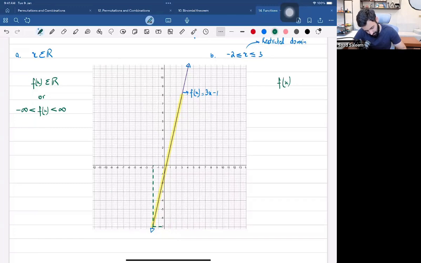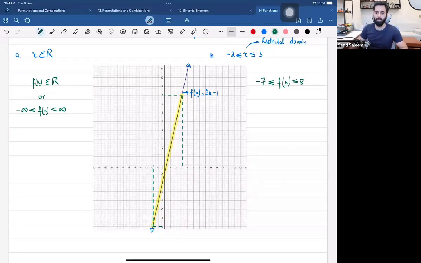And the greatest value is obtained when we plug in the other end, which is 3. And what's the corresponding value at 3? That's 8. So the range is simply going to be -7 to 8. In this case, we're going to say f of x is greater than or equal to -7, lesser than or equal to 8.